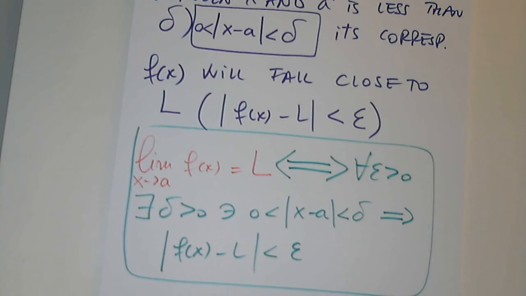We will determine a corresponding delta that depends on the epsilon we picked, such that every time we pick x close to a, so that the distance between x and a is less than delta, the distance between f of x and the limit will always be less than epsilon. And this will only happen when the limit exists. Okay, a lot of talking. Let's look at an example and see how this works.